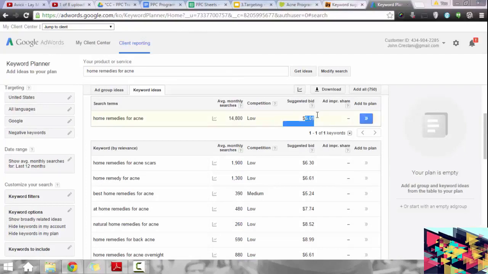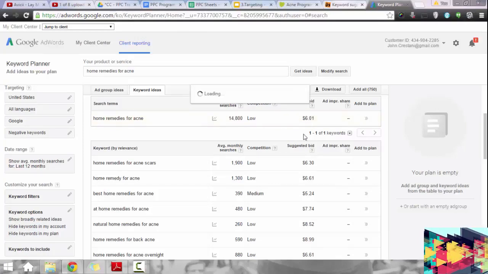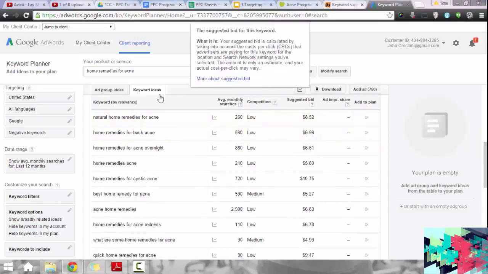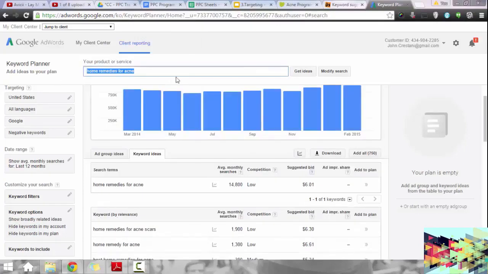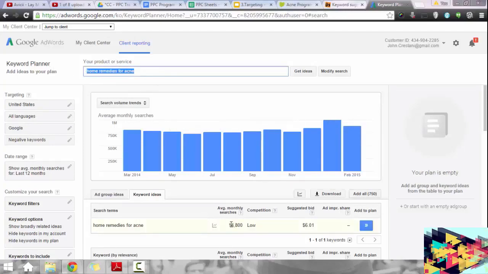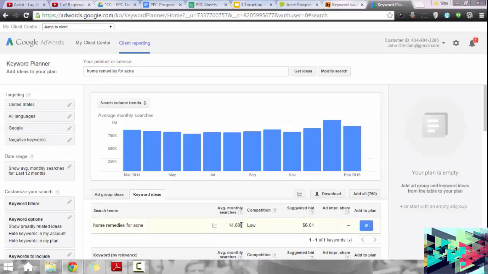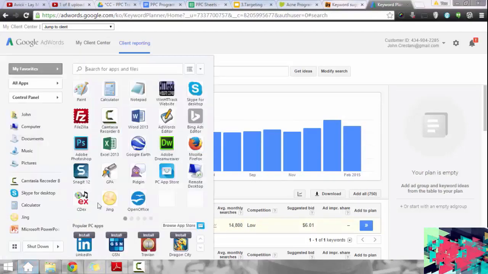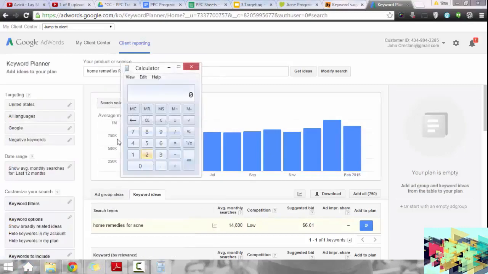Now I'd discourage the business owner and I'd say, hey, look, the suggested bid is $6, but maybe because we're so targeted towards this specific product, we'll get a good click-through rate. We'll get our ads showing sometimes enough to make it profitable. It's over 10,000 search volume, but let's say we want to go for it. What's important is we don't make stupid decisions.